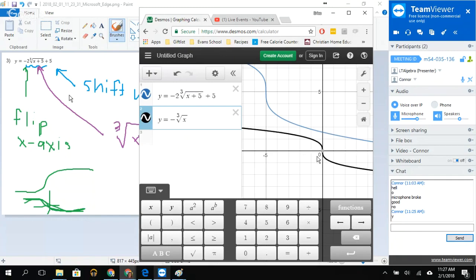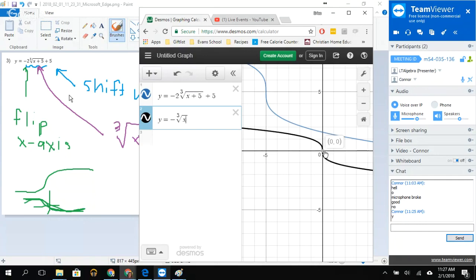There we go. So that's the original function. This is the new function. It's gotten shifted and it got fatter, right? And we know what in the function did that, what each number in the function represents in terms of doing that.